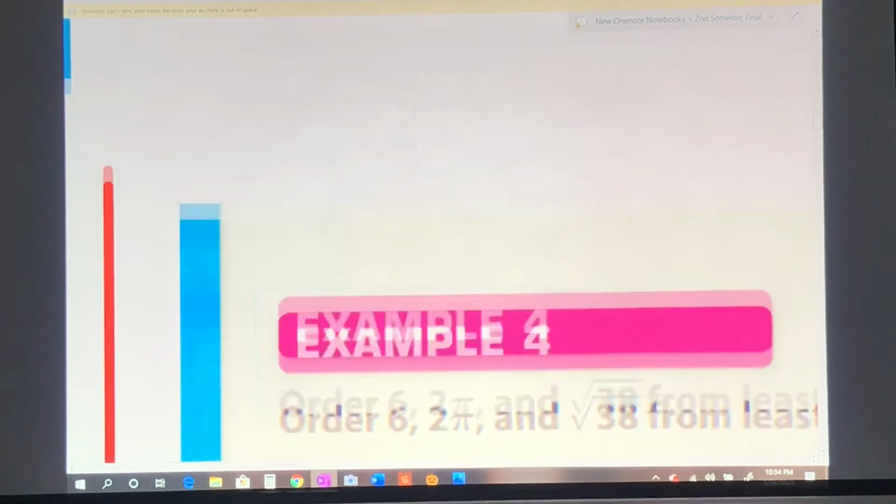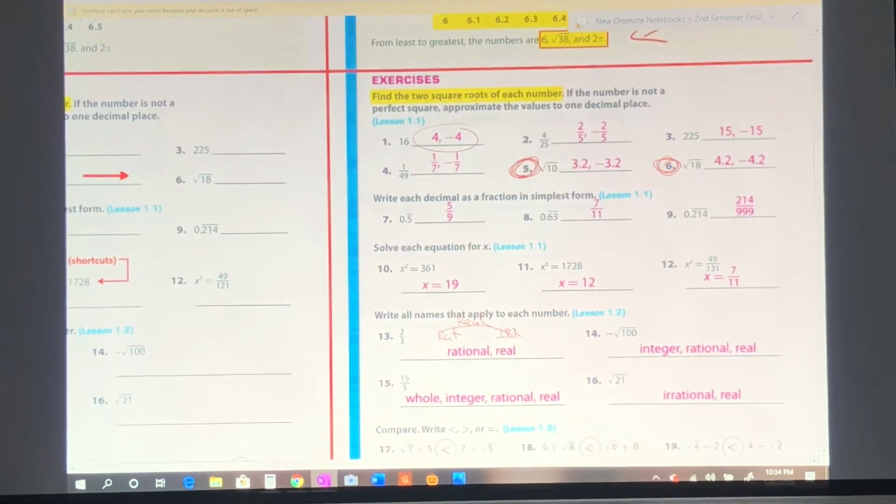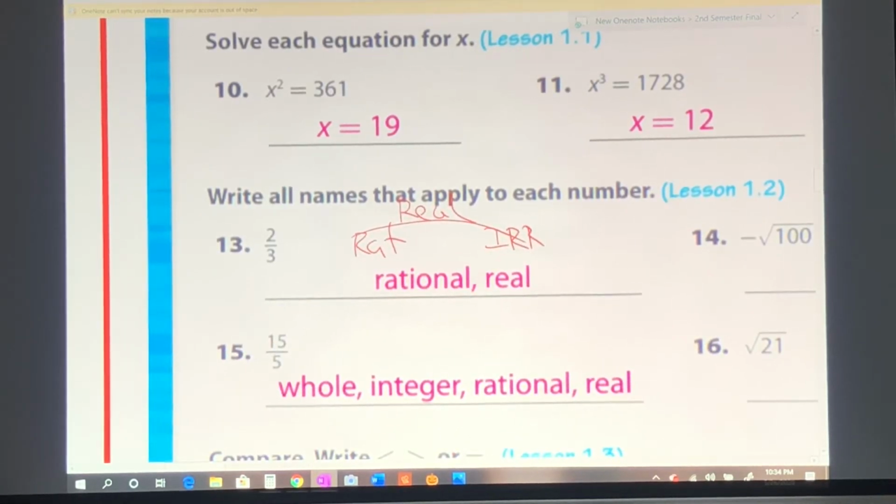Don't know why, but it's crazy. Okay, so 2/3 is a real number, because they're all real numbers, and it's rational because you can write it as a fraction. It's also 0.666666 forever. It's a repeating decimal, which also means that it's rational.